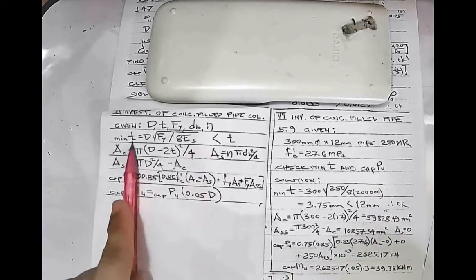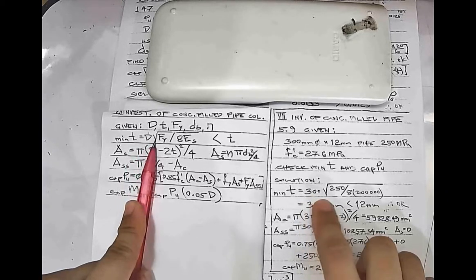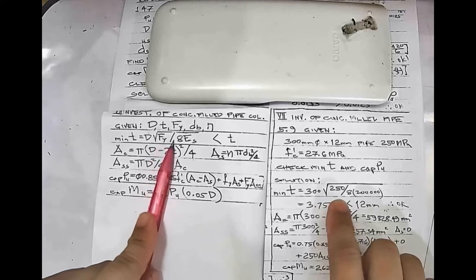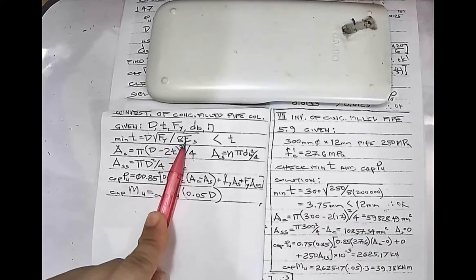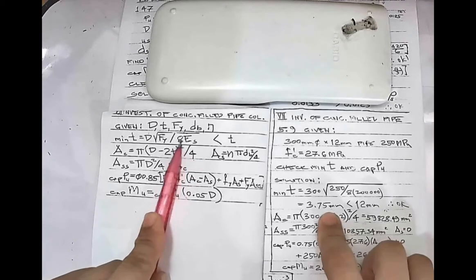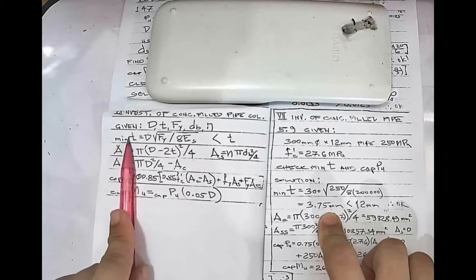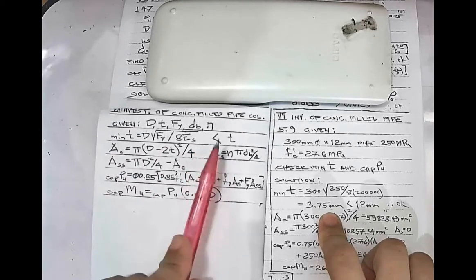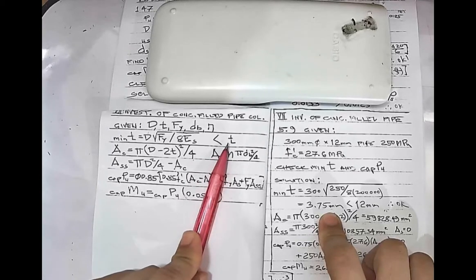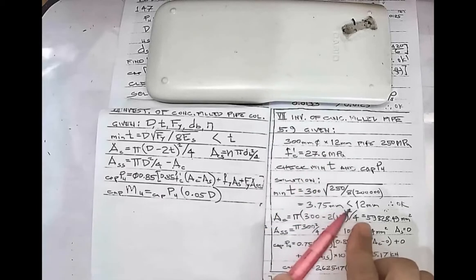Obviously walang N. So the equation for minimum thickness is D times the square root of capital Fy all over 8 times elasticity of steel. So this is 3.72. Note that your minimum should always be lesser than your actual T, or your actual T should be equal to or greater than your minimum. So your T here is 12 mm. So therefore it is okay.